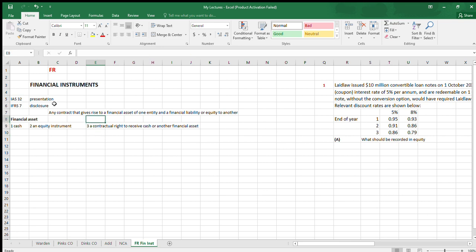Remember, the definition is saying that it's any contract. So a contractual right to receive cash or another financial asset will all fall under financial asset. We can also have trade receivables. All of them fall under financial asset. You also have options.